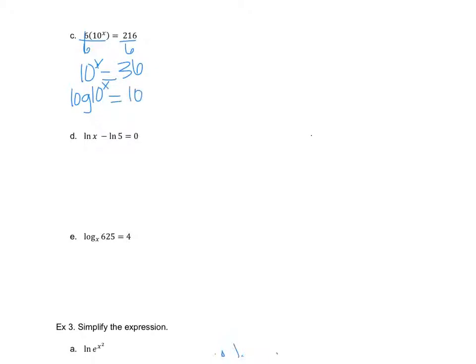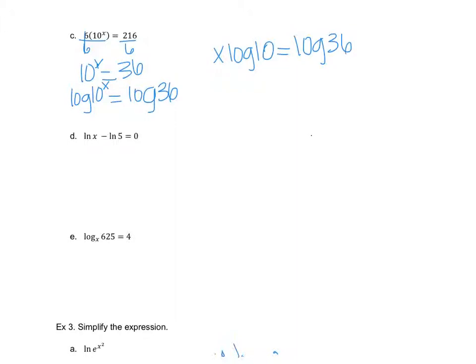So log of 10 to the x equals log of 36. And then from here, what I'm going to do is use my log rules and drop that x down in front. So it's going to look like this. X log of 10 equals the log of 36.